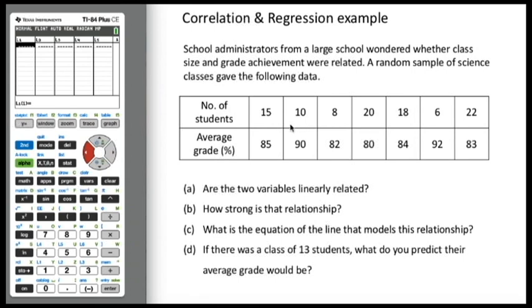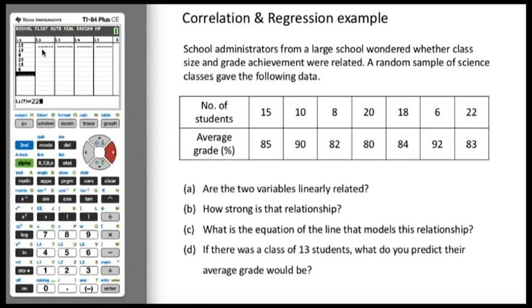We always have the X value as the independent variable and the Y value as the dependent variable. So if grade depends on class size, then grade is the Y and number of students is the X. So we'll put that first. Alright, so 15, 10, 8, 20, 18, 6, 22.